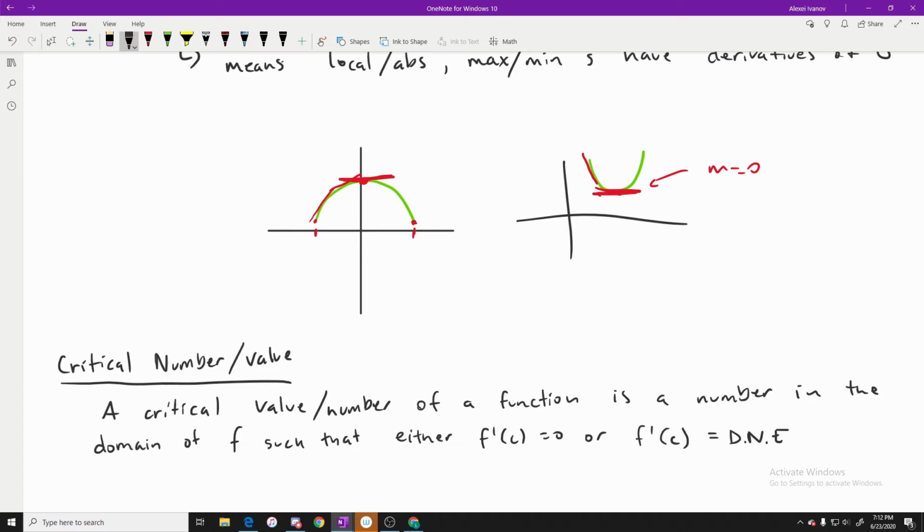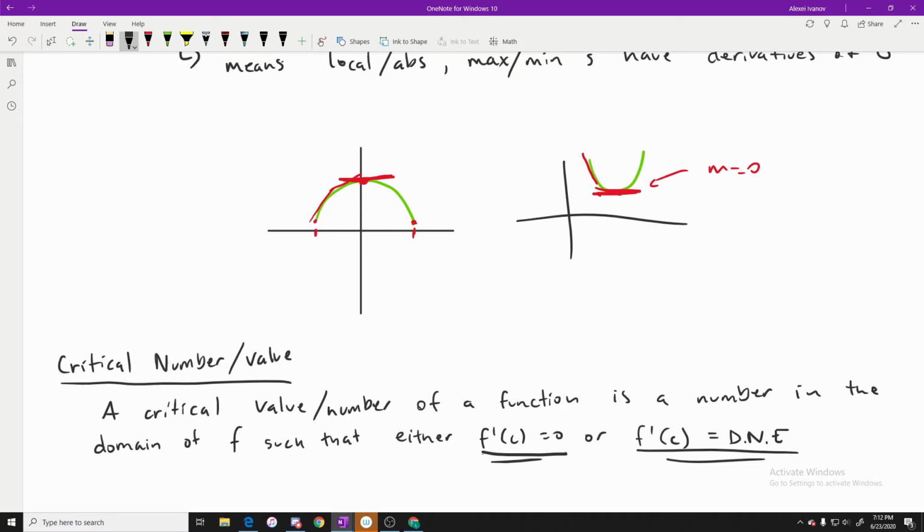So this brings us to critical numbers or values. They're used interchangeably, but essentially a critical value of a function is a number in the domain of f that follows this condition: the derivative at that value is either 0 or does not exist. DNE is just short form for does not exist.